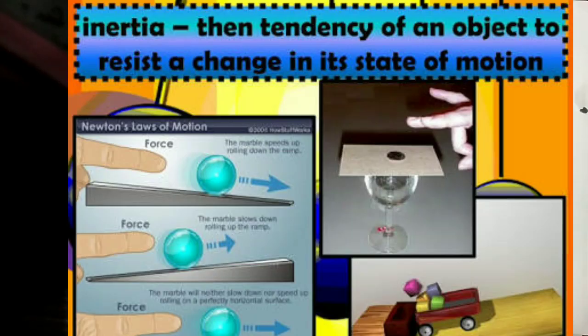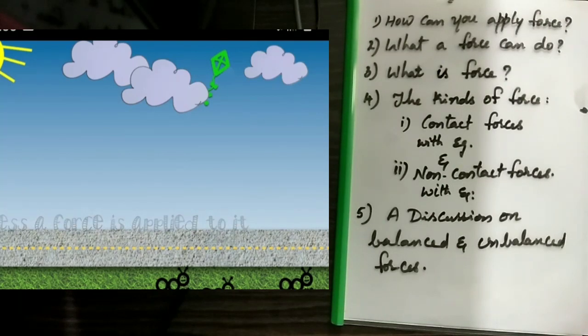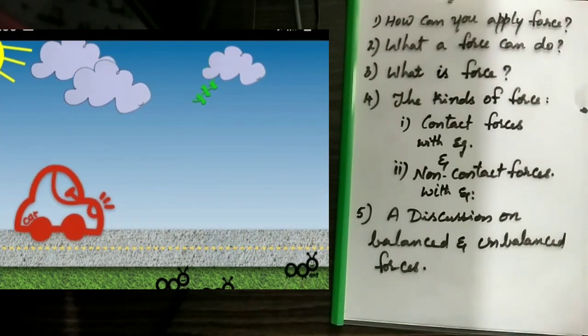Now, what are we going to learn in class 9th? We are going to learn about the property of materials, that is inertia. How many kinds of inertia are there, with examples and day-to-day applications. Next, force and its laws of motion.